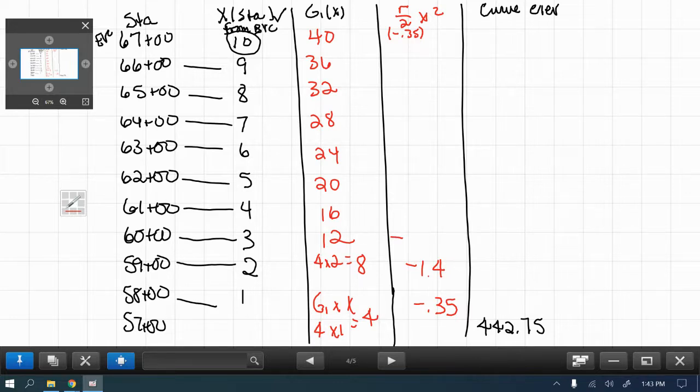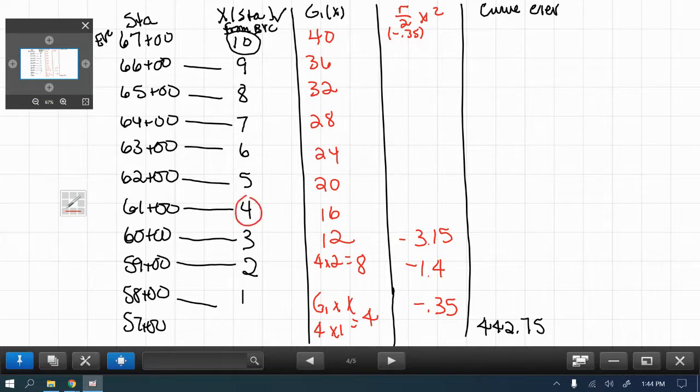And then I'm going to go to 3 squared, and that's going to be a negative 3.15. And then 4, if I do 16 squared times a negative 3.5. Oh, I did the wrong thing.